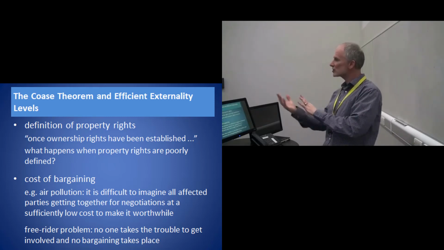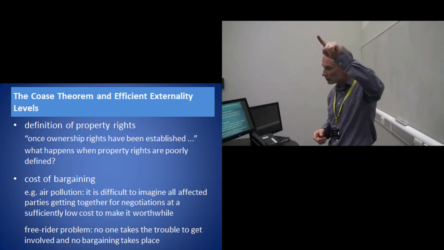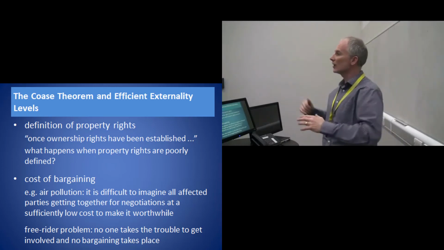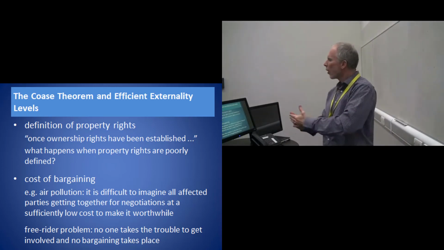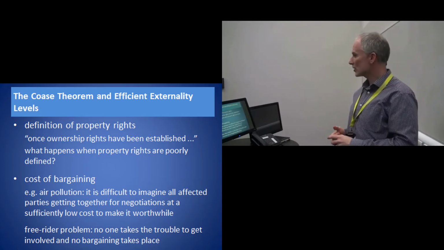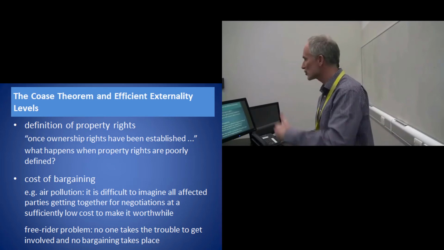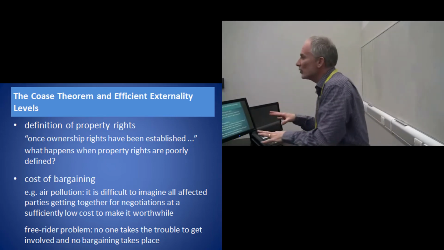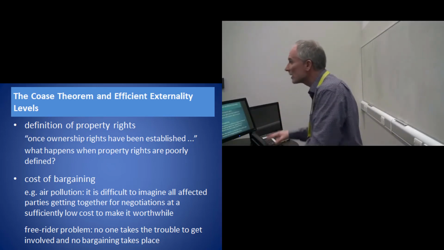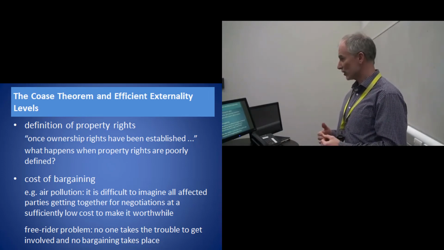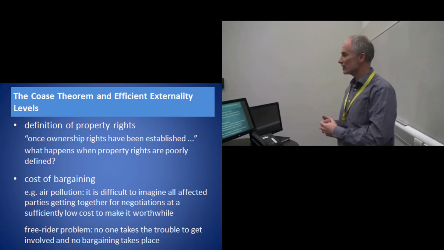Because if someone else does the bargaining and air pollution is reduced, you would benefit regardless. So why do you want to incur the costs? Why should you put yourself out, incur the costs to reduce air pollution, when you'd benefit anyway if someone else does the bargaining and if they incur all the costs? The classic free rider problem.